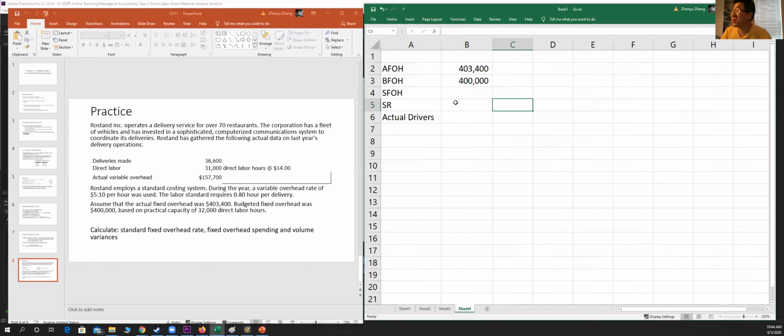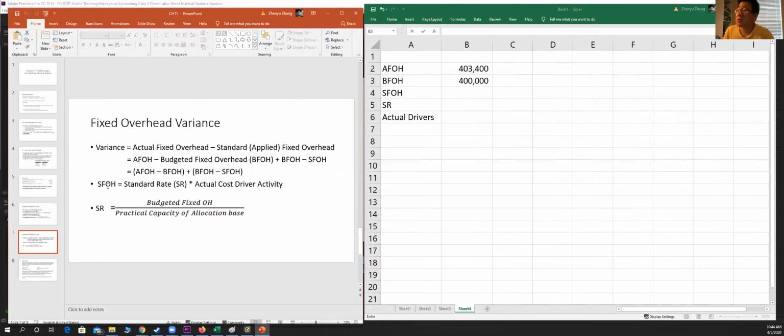So what is our standard rate again? Standard fixed overhead is a multiplication of standard rate and actual cost driver activity, and standard rate equals budgeted fixed overhead divided by practical capacity of allocation base.